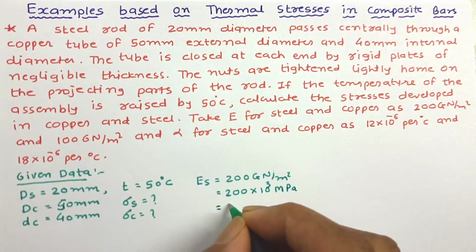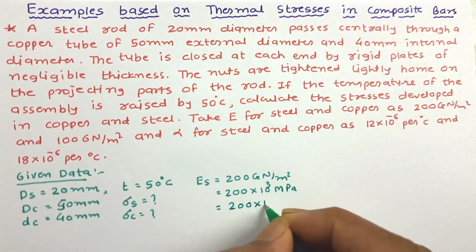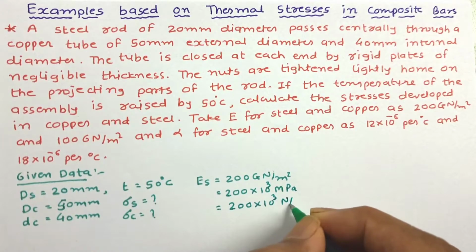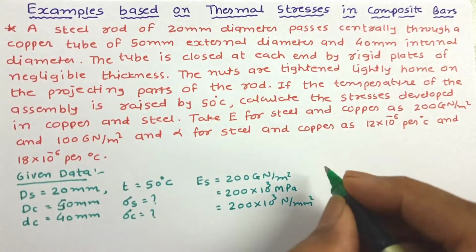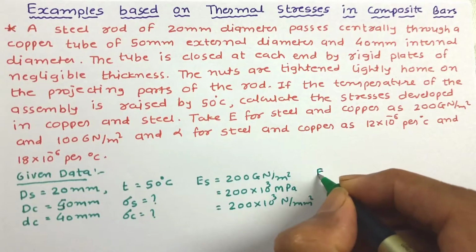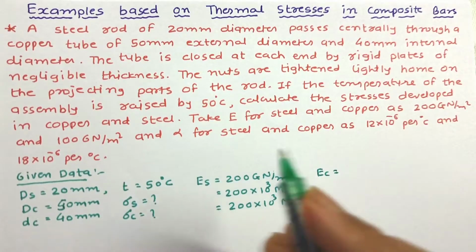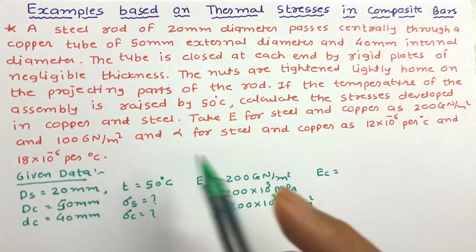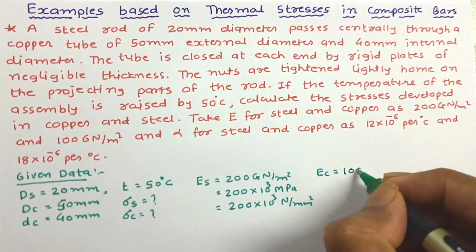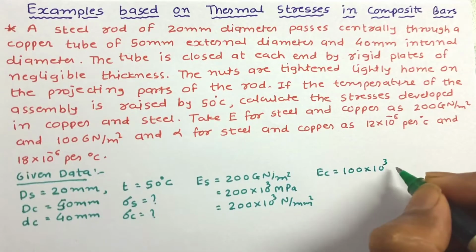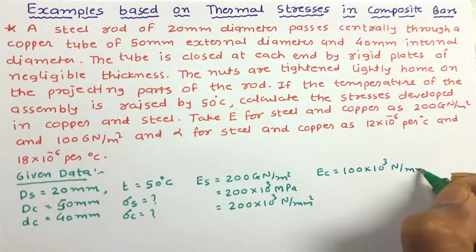So the value of Es is 200 into 10 raised to 3 Newton per mm square, and the modulus of elasticity for copper, given as 100 gigaNewton per meter square, we can write as 100 into 10 raised to 3 Newton per mm square.